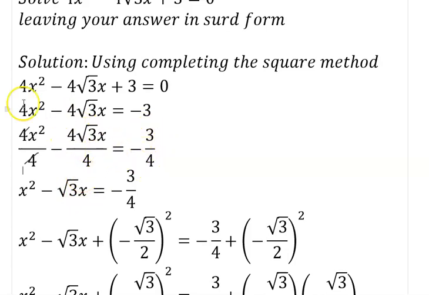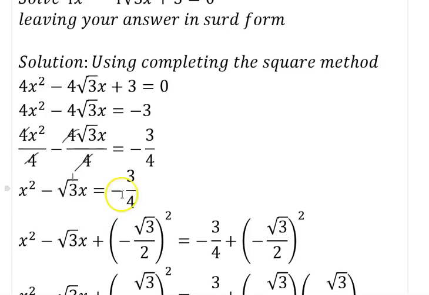But this time around, we still have a 4 here, so this 4 can also cancel out the 4 we have here. Had they not cancelled out, we'd leave it, but since it's 4 and 4, we can cancel it out. So here we are now left with x squared minus root 3x equals minus 3 over 4. That is the completing the square method we are applying.